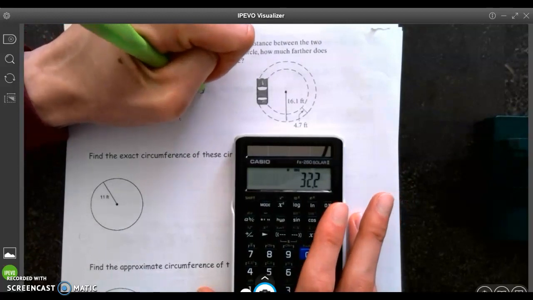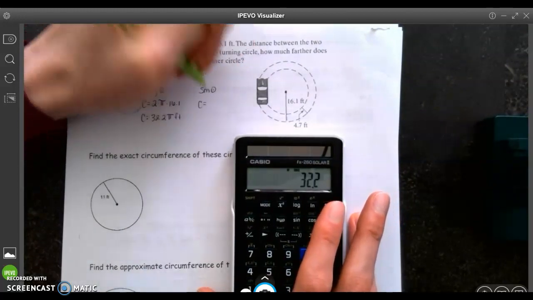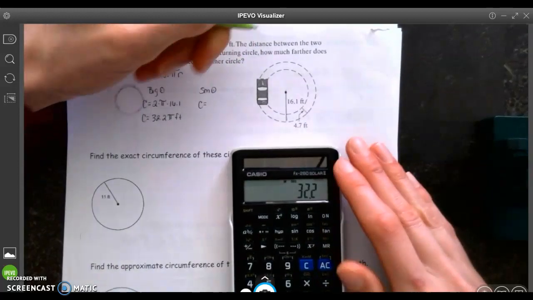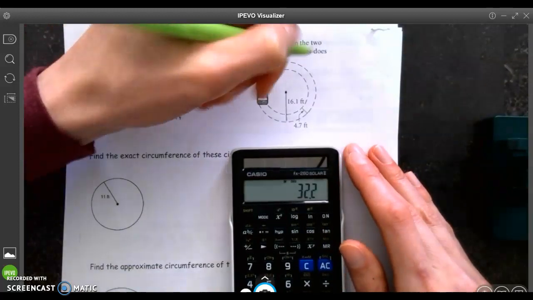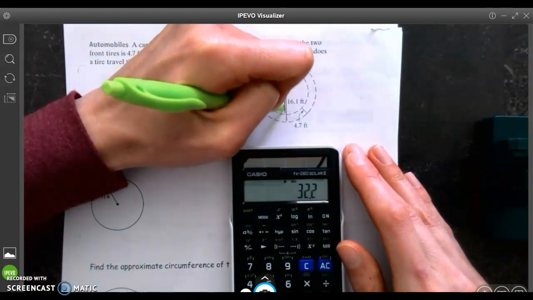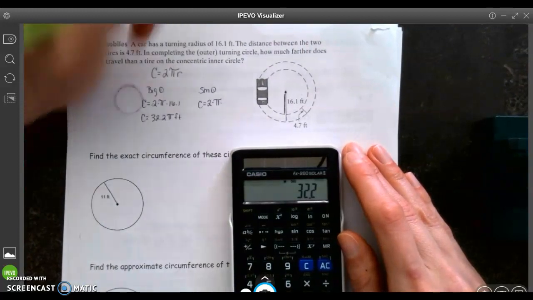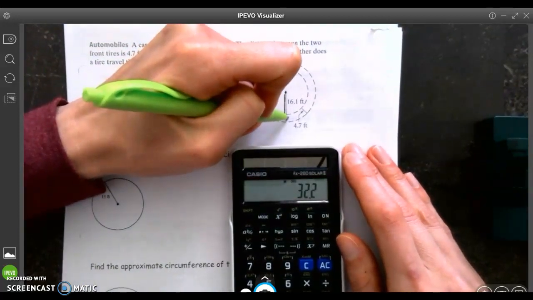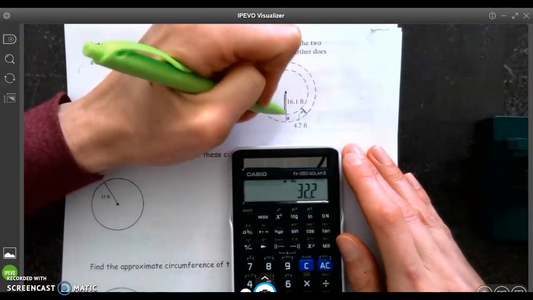When I go over to the small circle to find circumference, still using 2 times pi times radius, 2 times pi. The radius of the small circle is just this right here. That's not 16.1. That's whatever that 16.1 is minus that. We don't want this 4.7.